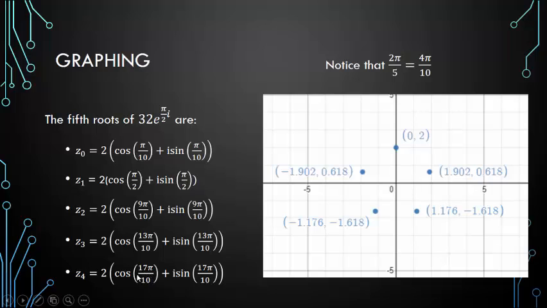If you accidentally did it again, that would be 21 pi over 10, which is coterminal to pi over 10. So you'll notice they're all spaced out like a perfect regular pentagon, and that tells me I did my work right. So what I graphed is I used the x value 2 cosine of pi over 10 and the y value 2 sine of pi over 10 to graph these, and that's how I got this perfect regular pentagon.